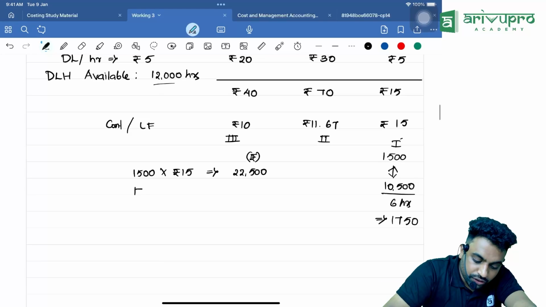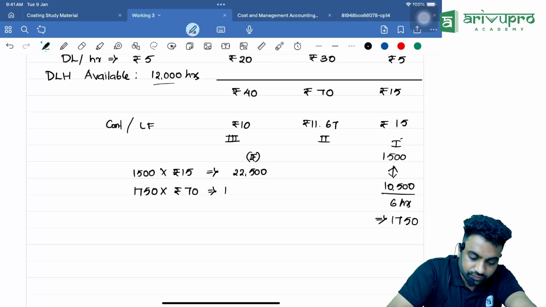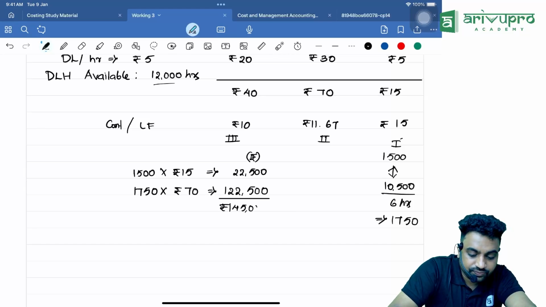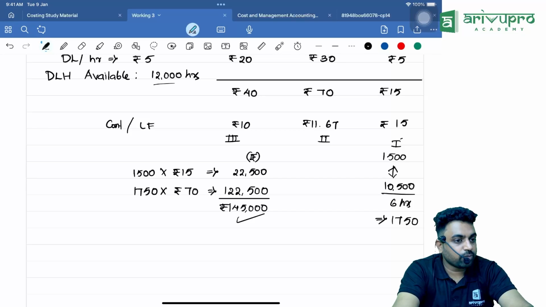I am going to produce 1,750 units where each unit contributes me 70 rupees. 1,22,500. So now my contribution is coming to 1 lakh. Understood?